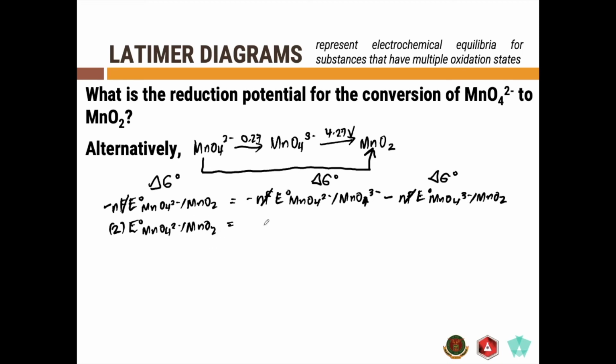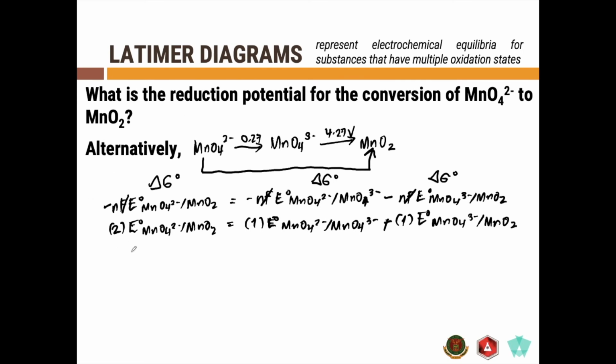And this is equal to 1, since 1 electron is involved for MnO4 2 minus to MnO4 3 minus conversion, times E MnO4 2 minus to MnO4 3 minus, plus 1 times E MnO4 3 minus to MnO2.